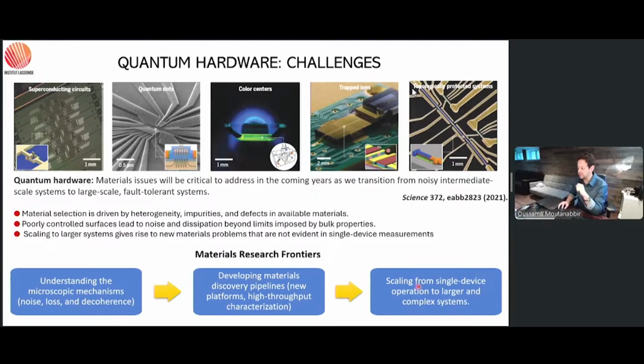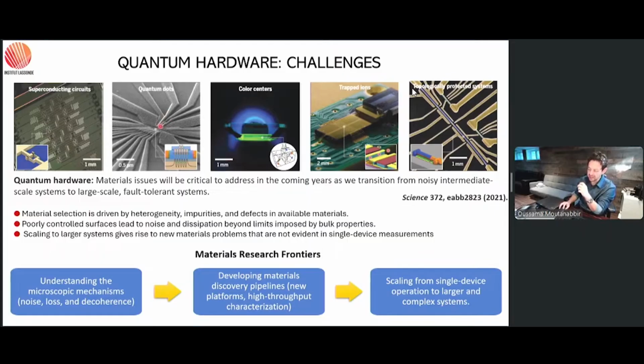And once you solve these challenges at the atomic level, one should actually address the scalability: how we can make sure that we have uniform devices across a large system or large area, and also how the entire integrated system will be behaving.